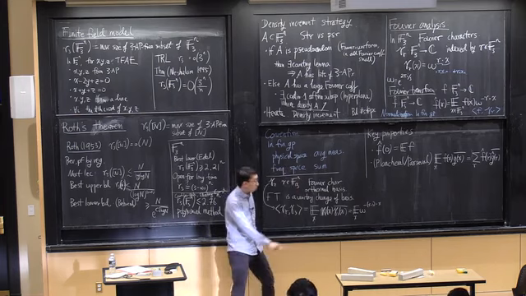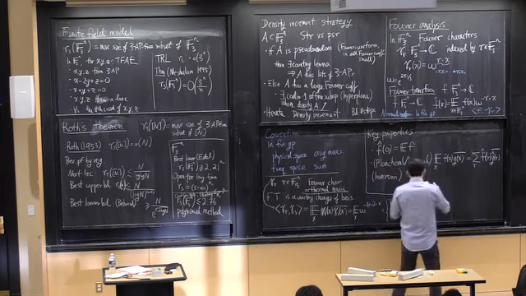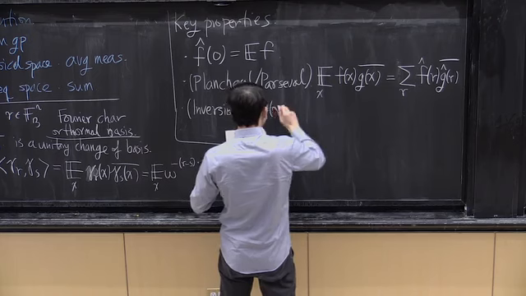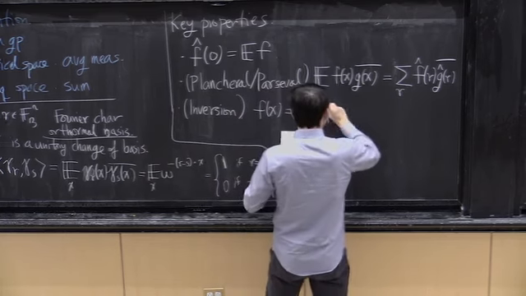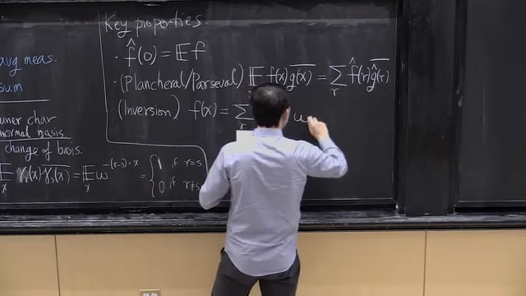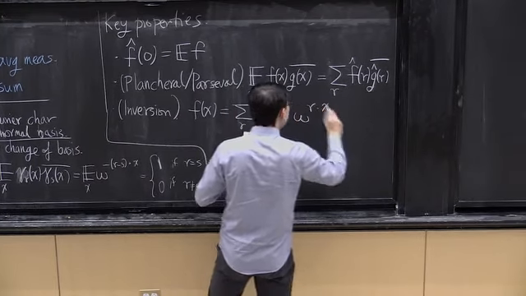Another important thing is what's known as the Fourier inversion formula. The Fourier transform tells you how to go from a function to its Fourier transform. Well, now, if you are given the Fourier transform, how do you go back? There's a formula which tells you that you can go back by the following formula.